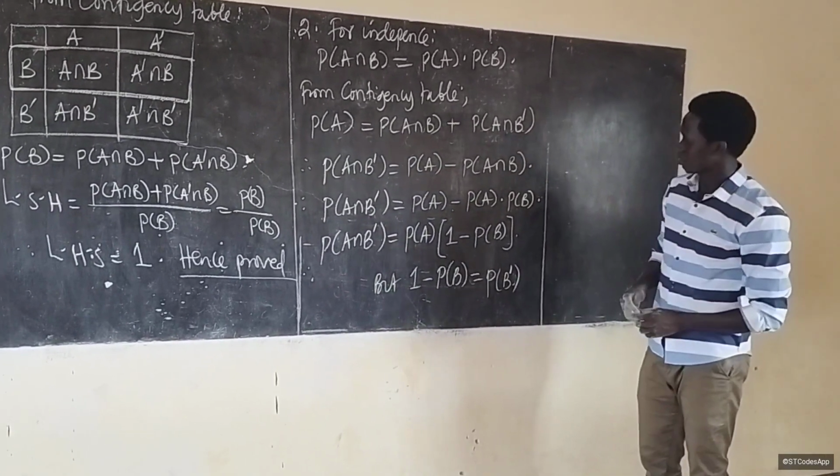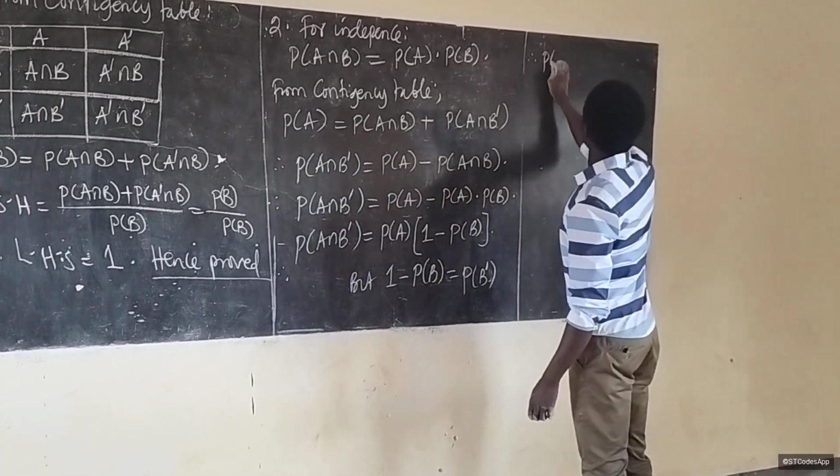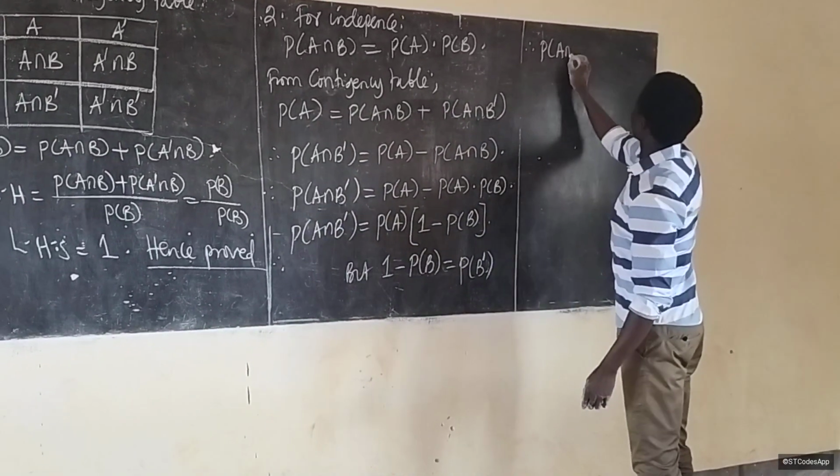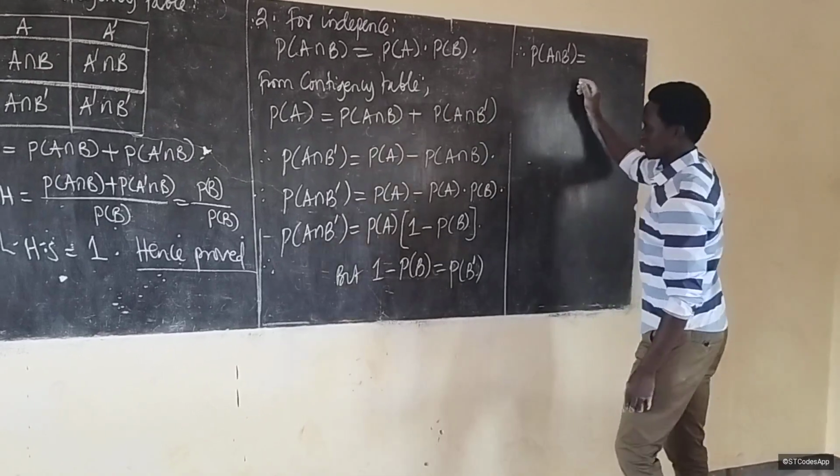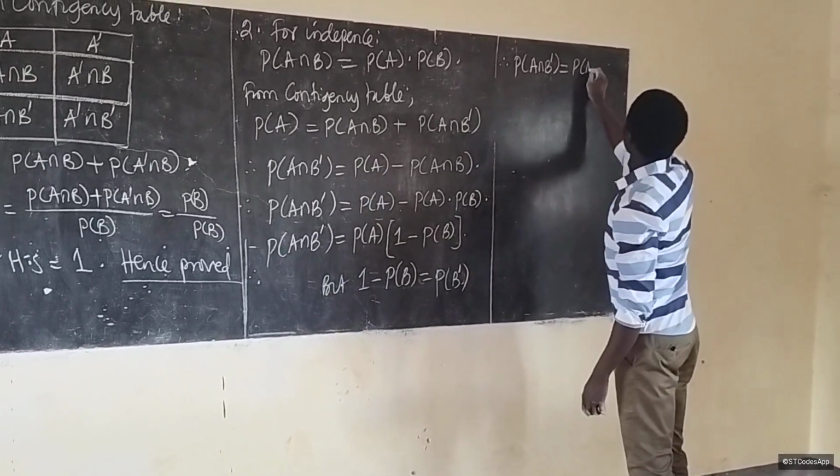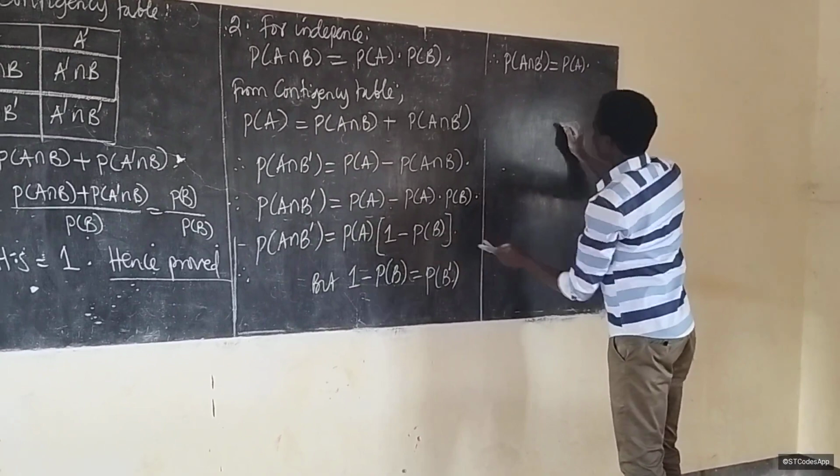So therefore, probability of A intersecting B prime becomes probability of A times probability of B prime.